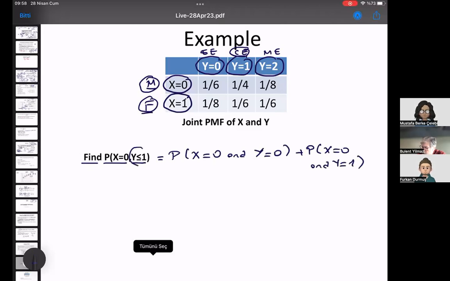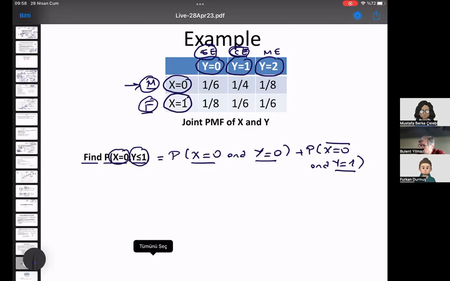You see, Y is less than or equal to 1, so it will be 0 and 1. X is always 0, so this is this. What does it mean? Probability of a male student being from either computer engineering or electrical engineering, okay?